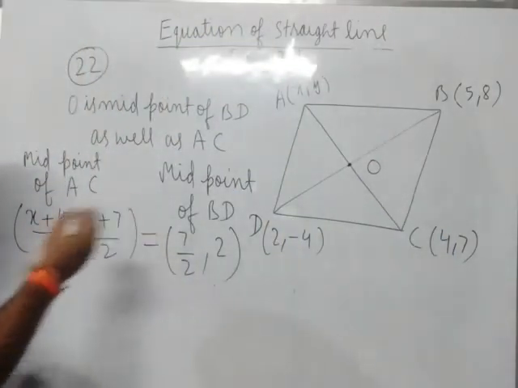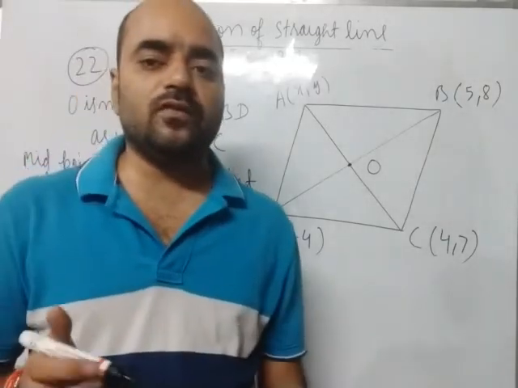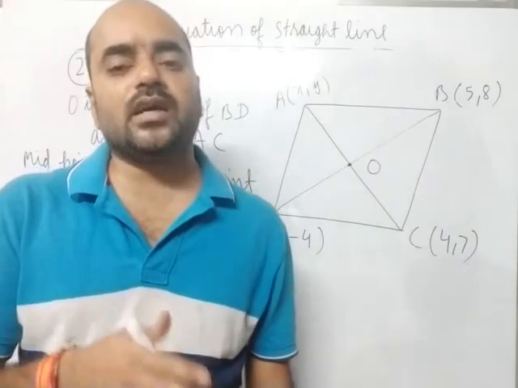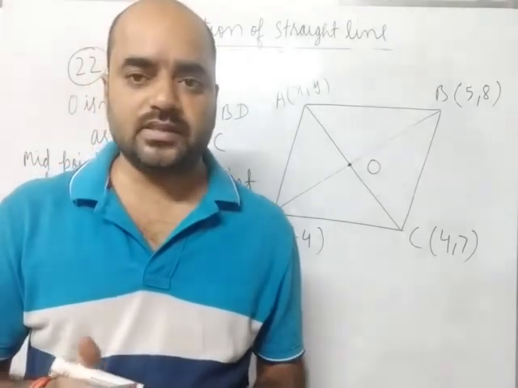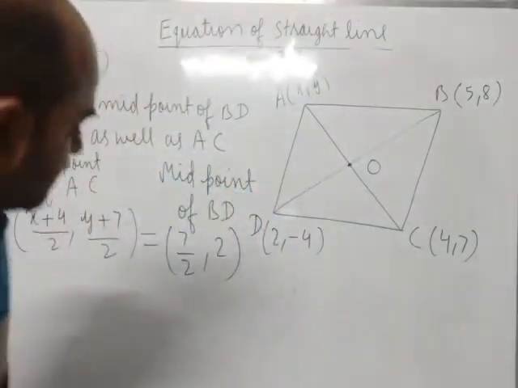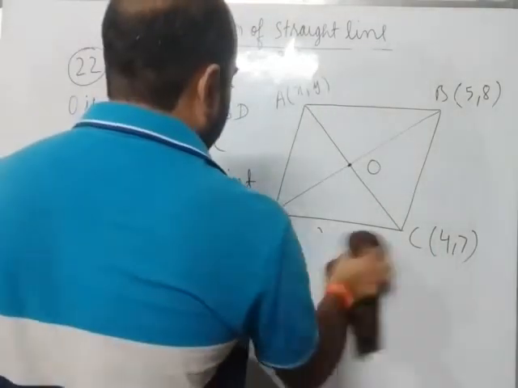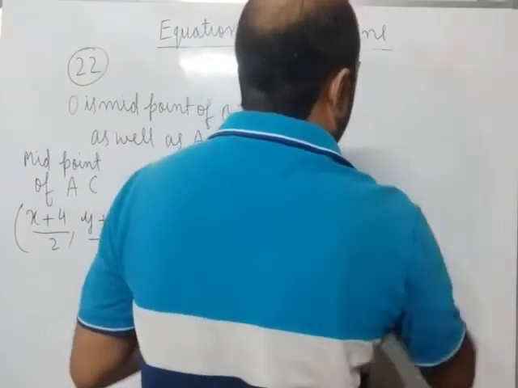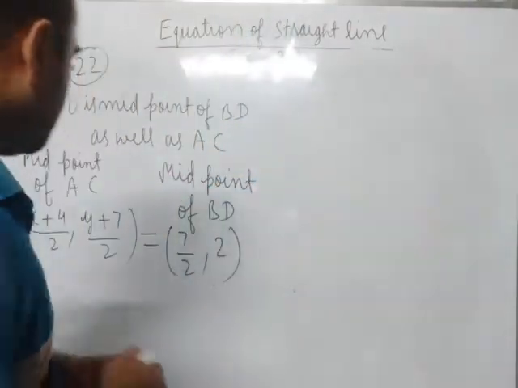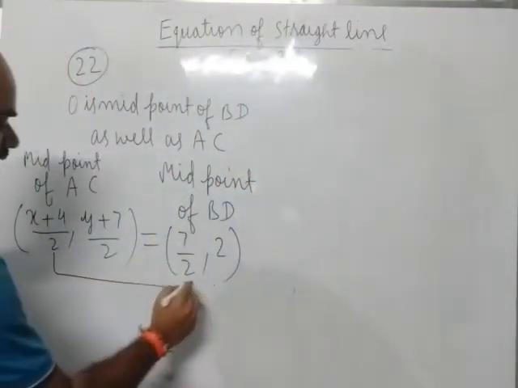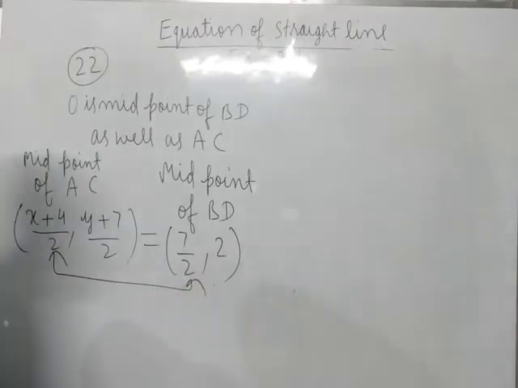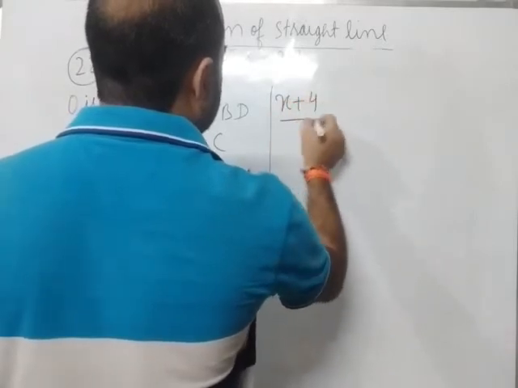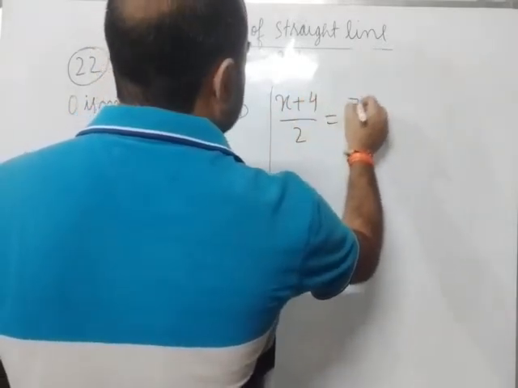First, how to equate the coordinates? When the coordinates of 2 points are the same, it means corresponding x coordinates are the same and corresponding y coordinates are the same. Understood? So equating the x coordinate, what will you get? x plus 4 by 2 is equal to 7 by 2.